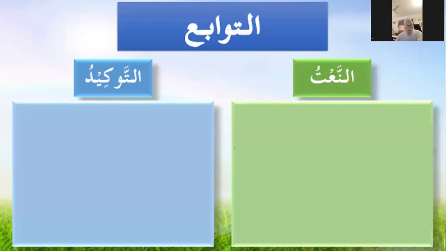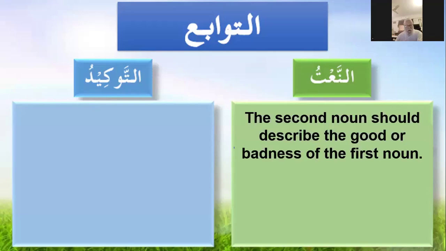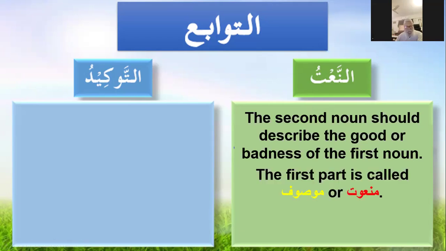Let's see the difference. An-na't means the second noun should describe the good or the badness of the first noun. That is na't. Na't and man'ut, tawsif and sifa. The murakkab tawsifi means one ism is there, and a second ism comes and describes its good or bad attributes.